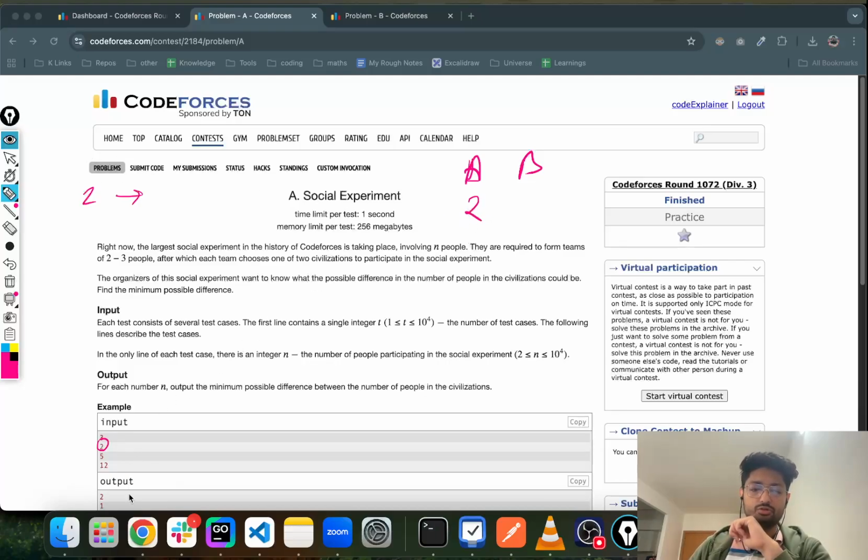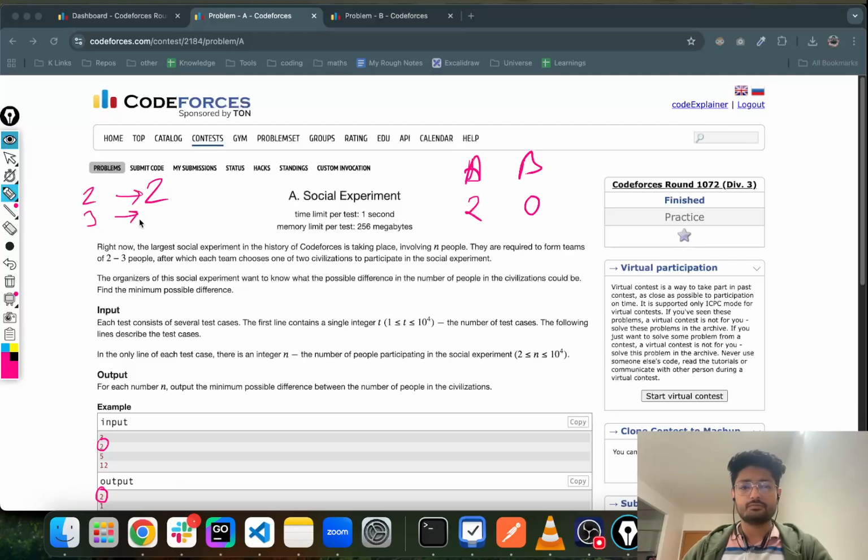So the answer will be 2 only. Why? Because one civilization has 2, the other has 0. There is no team here. So this civilization has 2 people, this civilization has 0 people. The difference between them is 2. Got it? So the answer for 2 is 2.